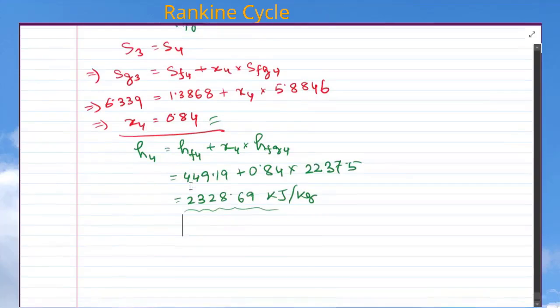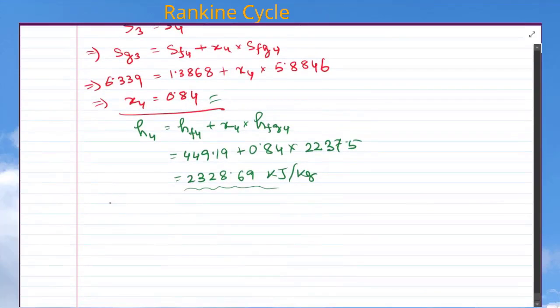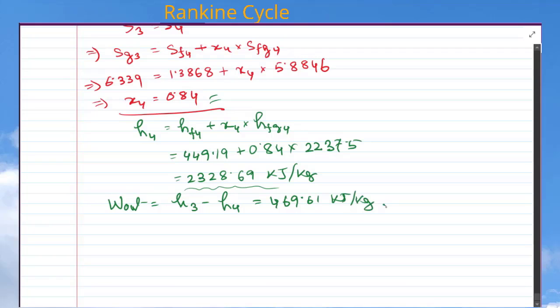If we know the value of H4, we can immediately calculate the work output, which is equal to H3 minus H4. Putting in the values of H3 and H4, it equals 469.61 kilojoule per kg.